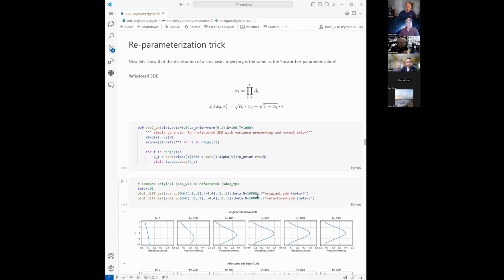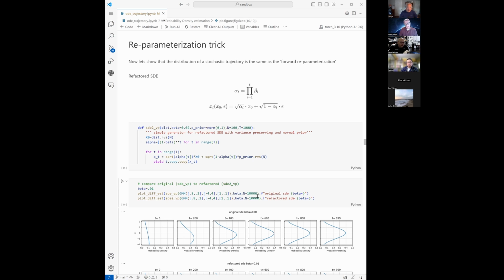Okay, so then there's this other thing that I wanted to look at a little bit, which is the re-parameterization trick, where instead of adding noise n times, if it's Gaussian noise, I think it doesn't require Gaussian prior data, just a Gaussian prior.